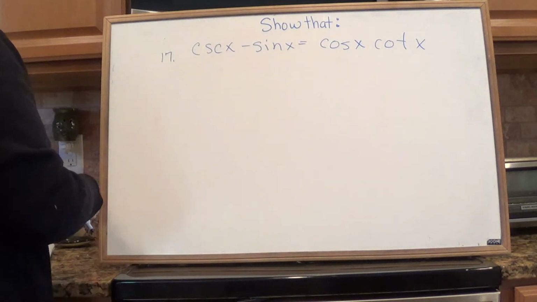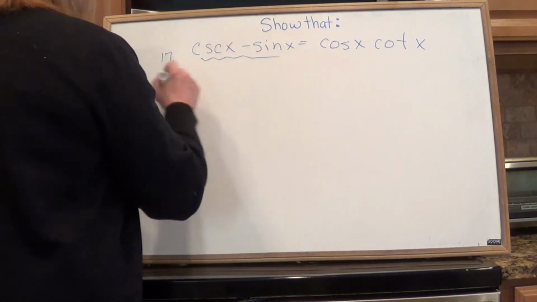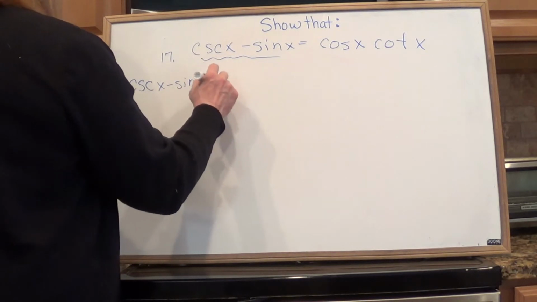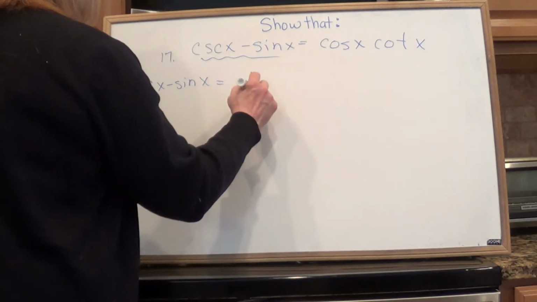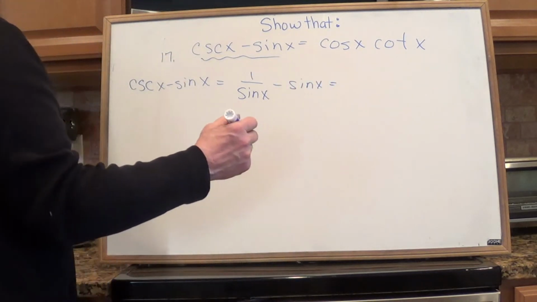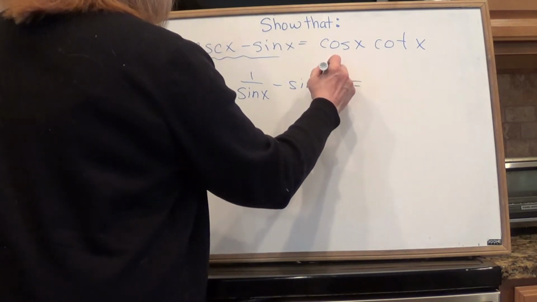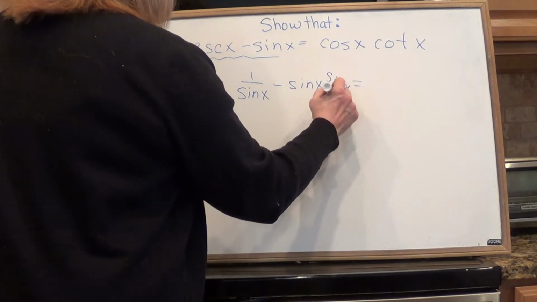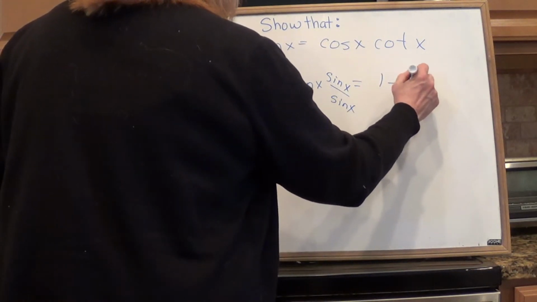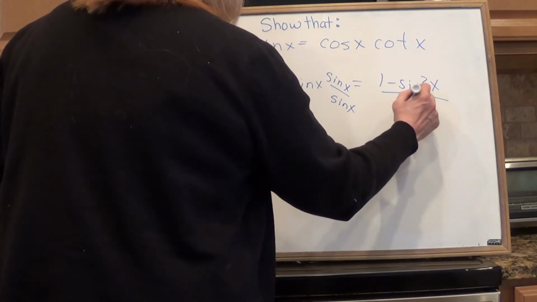So I noticed that. So I think what I did is, of course, I write down what's on the left, cosecant minus sine, and I changed that to sine and cosine. And I gave that a like denominator, so I had to multiply this by sine x over sine x in order to do that, and it creates a lovely 1 minus sine squared x over the common sine x.